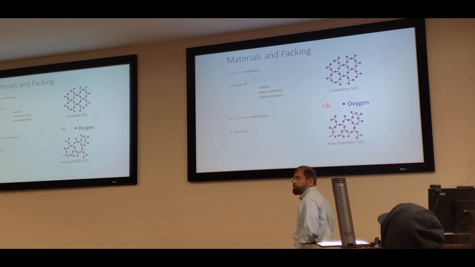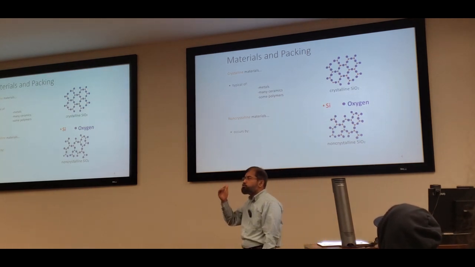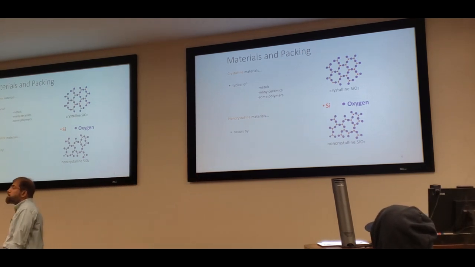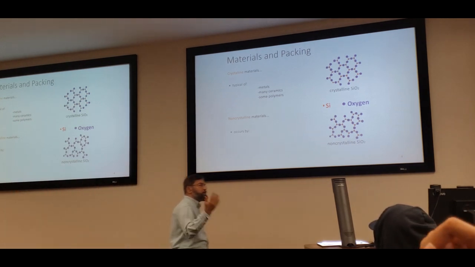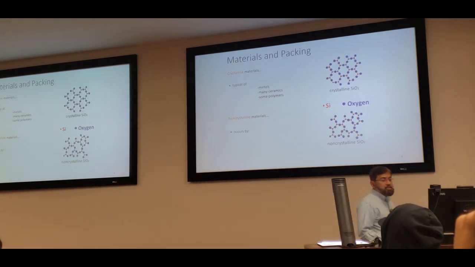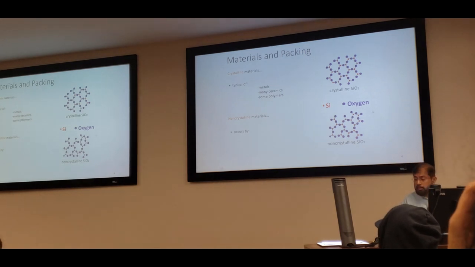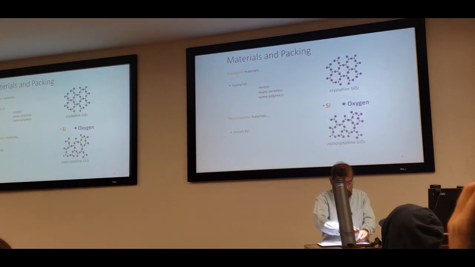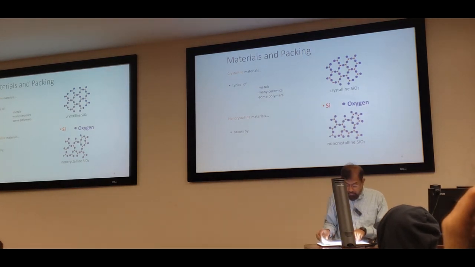That is the difference between these two words: crystalline is complete ordering, and amorphous is a random packing of the atoms within your material. Okay?